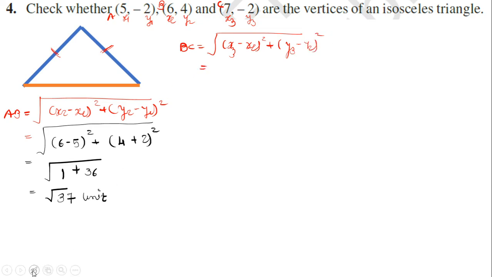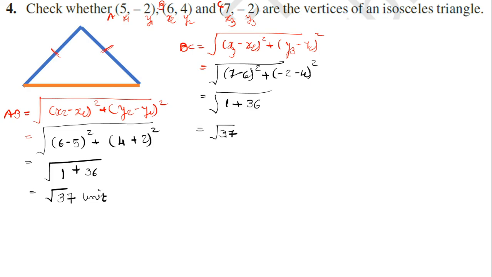Let us substitute the values. 7 minus 6 whole square plus minus 2 minus 4 whole square. 7 minus 6 is again 1, 1 square is 1, plus minus 2 minus 4, that is minus 6, and minus 6 square is plus 36. 36 plus 1, under root of 37.